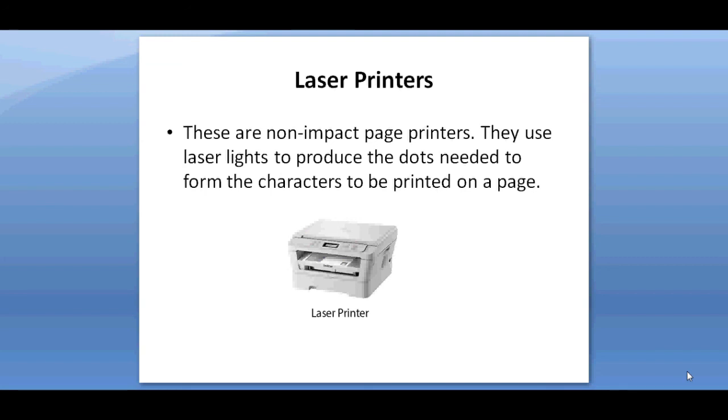Using patterns of small dots, a laser beam conveys information from the computer to a positively charged drum, causing areas of it to become neutralized. From all those areas of the drum which become neutralized, the toner detaches. As the paper rolls by the drum, the toner is transferred to the paper, printing the letters or other graphics on the paper. A hot roller bonds the toner to the paper.